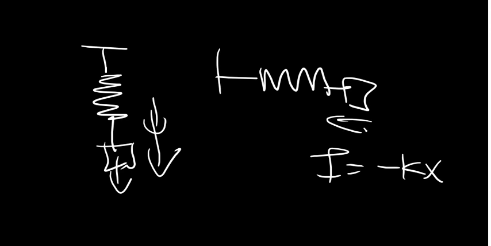If you go back to Newton's third law, for every action there is an equal but opposite reaction. You have the same value, but one is going to be negative, another one is going to be positive.